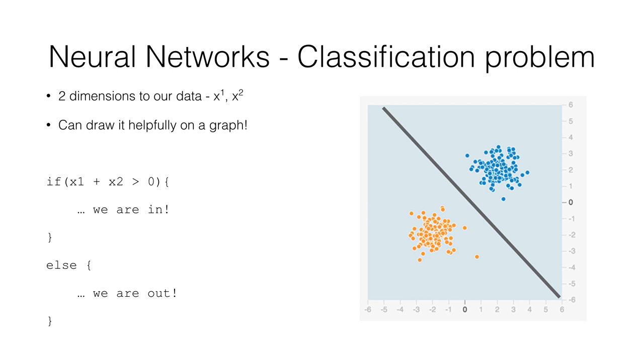Let's do some refactoring. Firstly, that hard-coded 0 is bad, so let's introduce another variable, b, our bias. And by adjusting this b, we can move our line around a little bit. And to make things more reusable, let's introduce some weights on our x1 and x2 parameters.